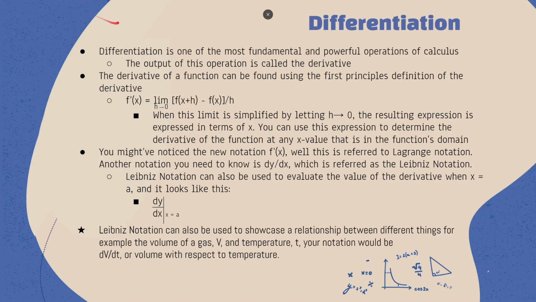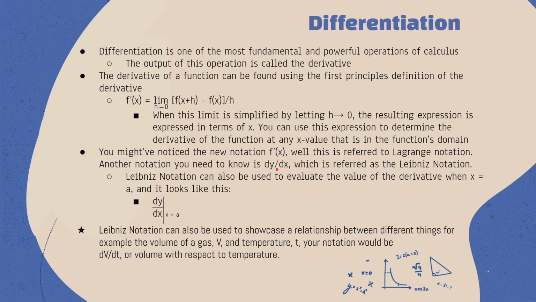As I said before, you might have noticed that we have a new notation, and that was f prime of x. This notation here, I cannot pronounce it, and I will not try to. Again, the way I remember it is just Lagrange, okay? Very complicated. Another notation that you need to know is this one here.